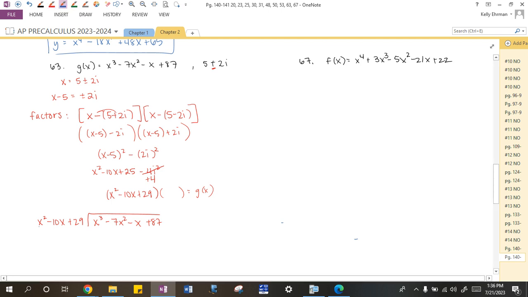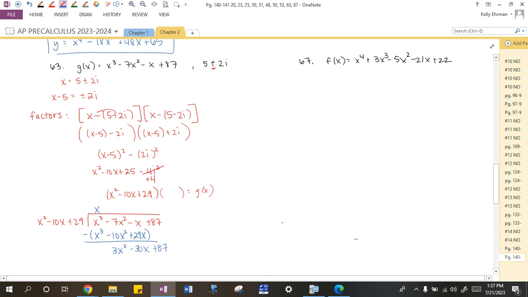All right, so remember this process. X squared gets multiplied by x to get x cubed, and then multiply that through. And then subtract that whole quantity. Negative 7 plus 10 is 3x squared. Negative x minus 29x is minus 30x plus 87.